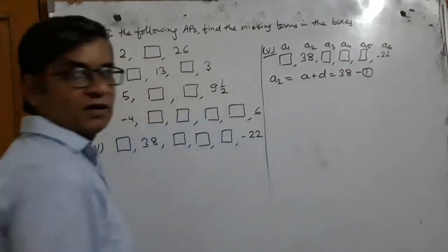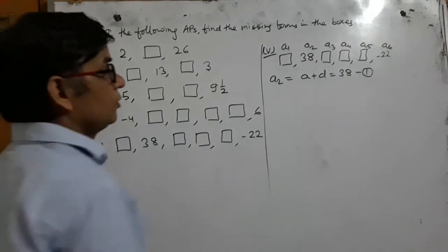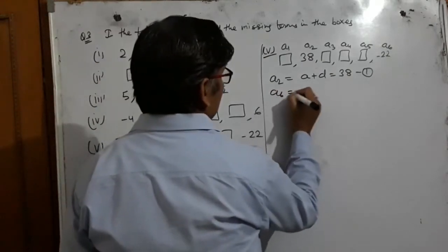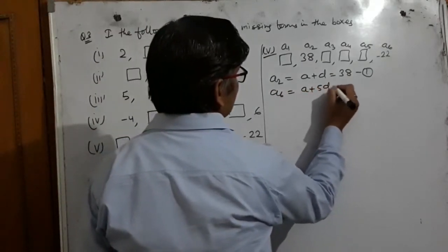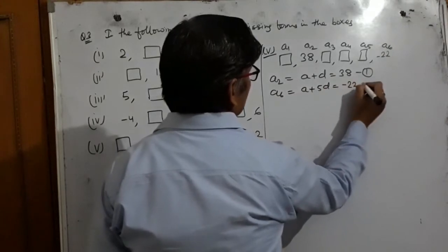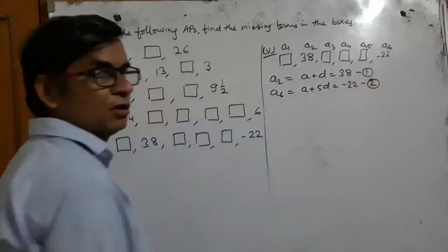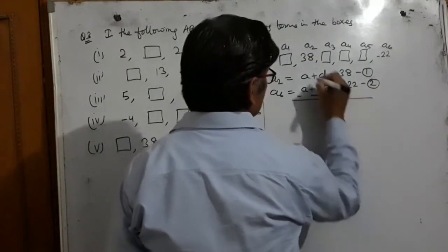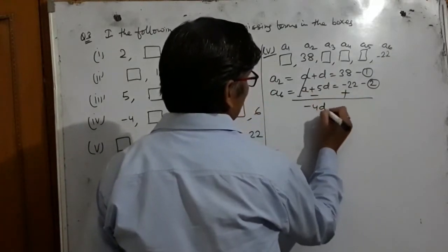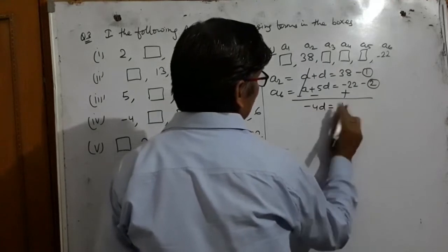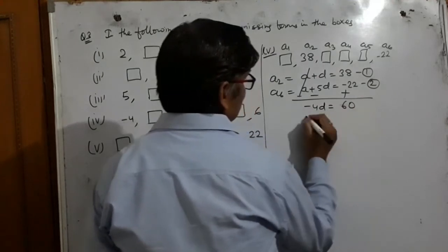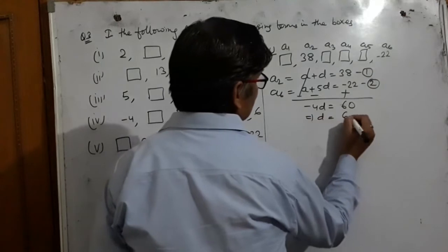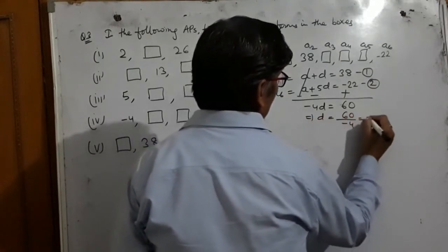This is equation 1. A6, A plus 5D, is minus 22. This is equation 2. Using the elimination method, A cancels, and minus 4D equals 60. So D equals 60 upon minus 4, which is minus 15.